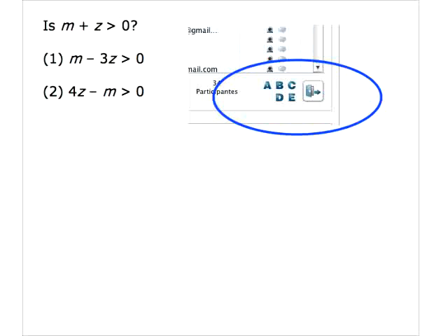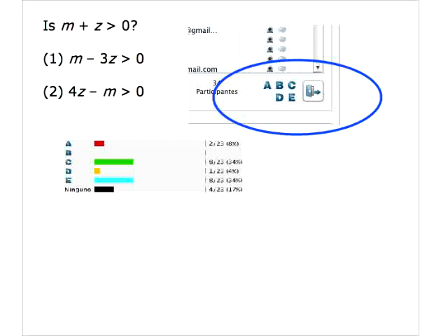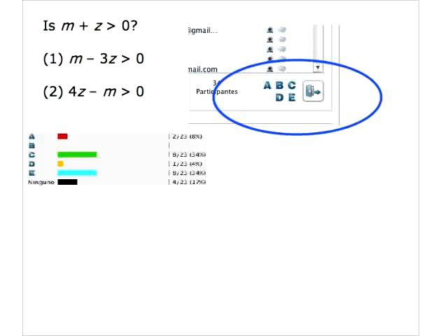Okay, here are statistics. If you still haven't answered the question, note that you are not really preparing yourself for the GMAT per se. Now, we've got a totally even split here between C and E, so this is going to be interesting. Not a lot of A's, B's, and D's here, so we can probably get through the individual statements fairly quickly, but let's go ahead and do that.